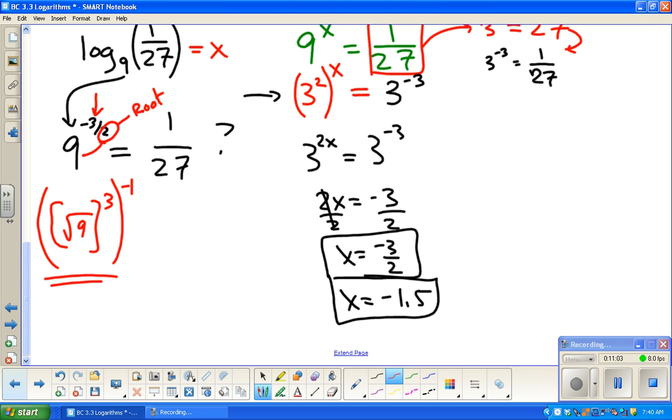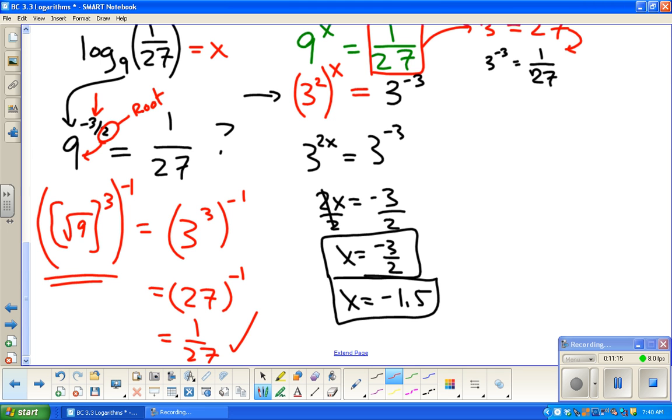So if I do the square root of 9, that's 3. I'm going to cube it, that's 27. And if I do the reciprocal, that's it. So my point is that checks out. Just don't get lost in this, but the answer was -3/2, or if you prefer, -1.5.